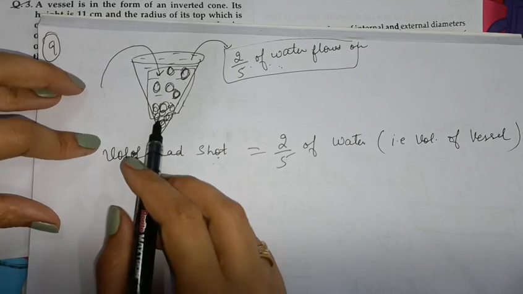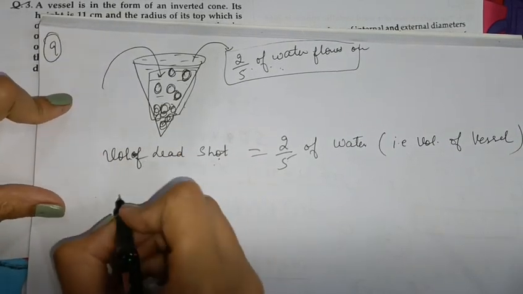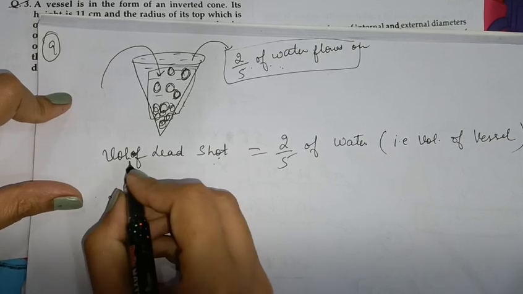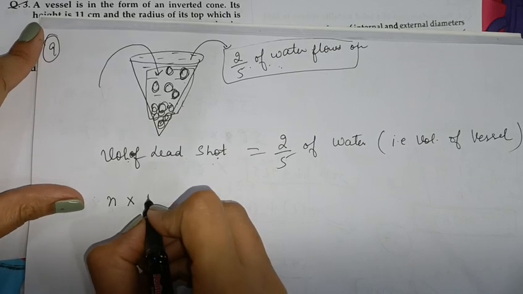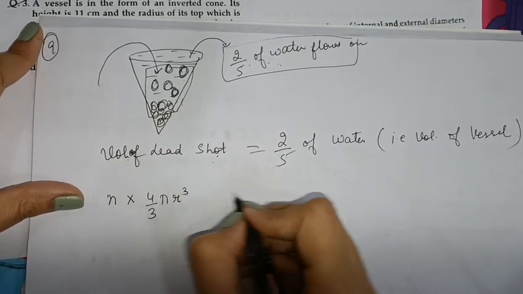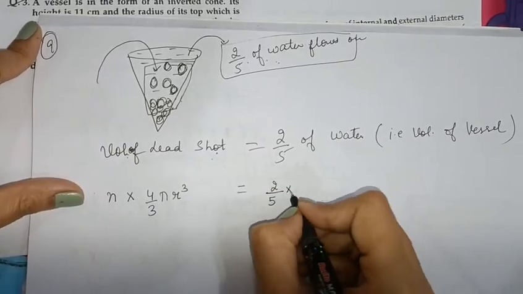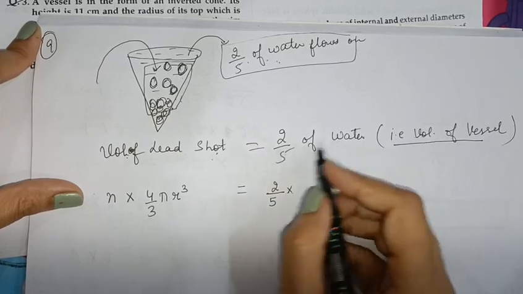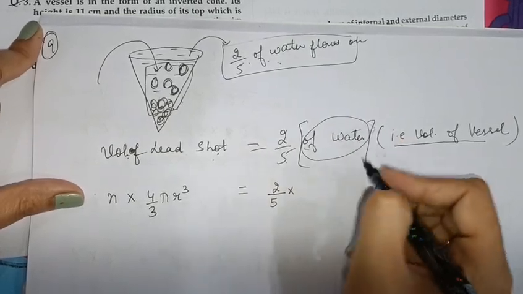So the volume of lead shots, because there are so many, let's say there are n of them, and they are spherical in shape, so their volume is n into 4/3 pi r cube. This equals 2/5 of the volume of water.